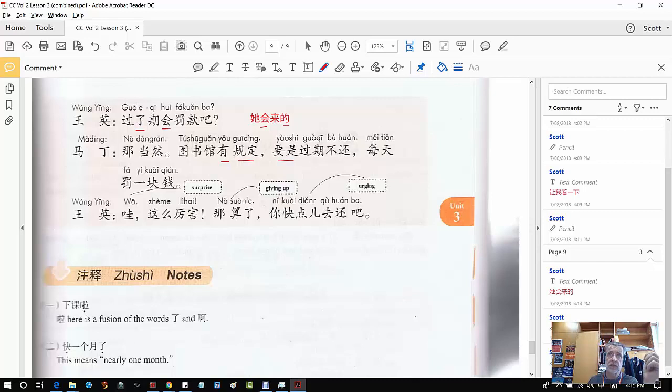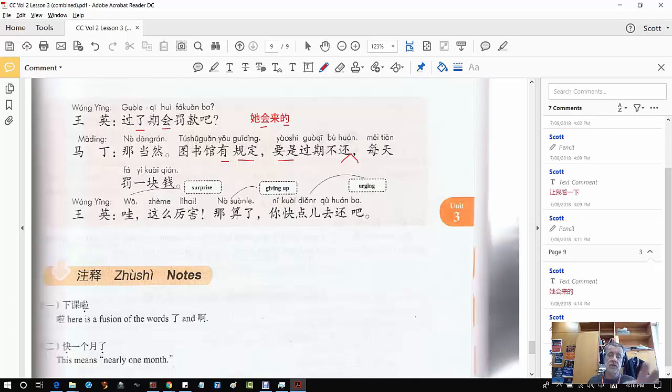We learned it might have even been last semester, or a couple of lessons earlier. 要是 something something 的话. Remember, you could put 的话 in that position, that would be the whole expression, but you can also leave it out. 要是过期不还, so if it becomes overdue and is not returned, 每天罚1块钱.